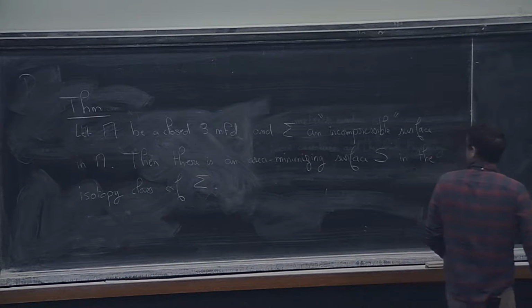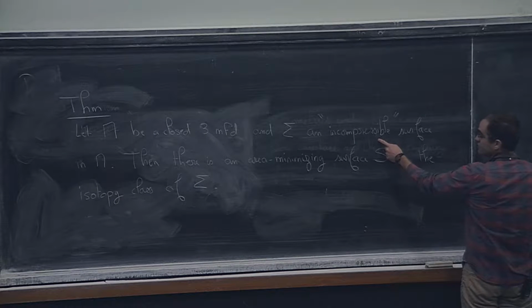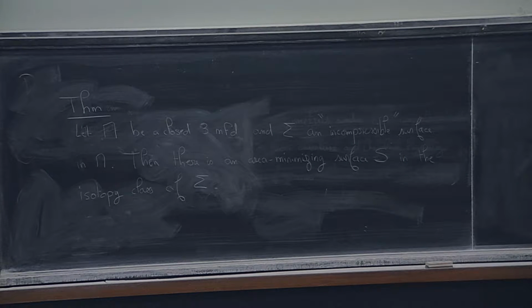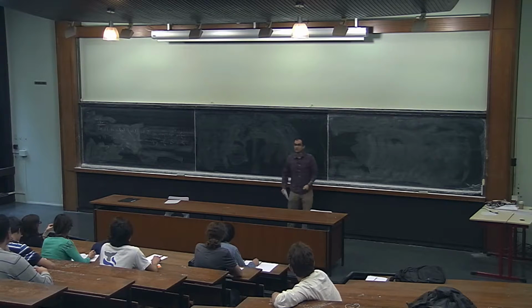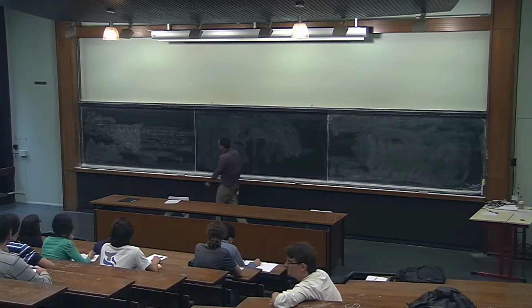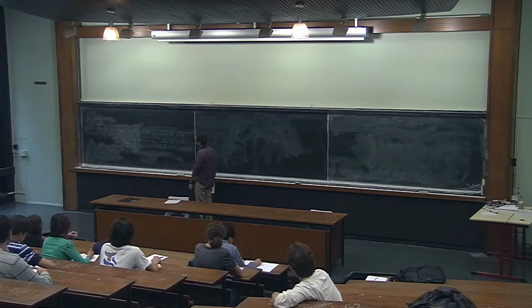But the question at the beginning is, you need to know that in some sense the surface is incompressible, so it does not have to disappear when you do the minimization. So yesterday's theorem tells this.